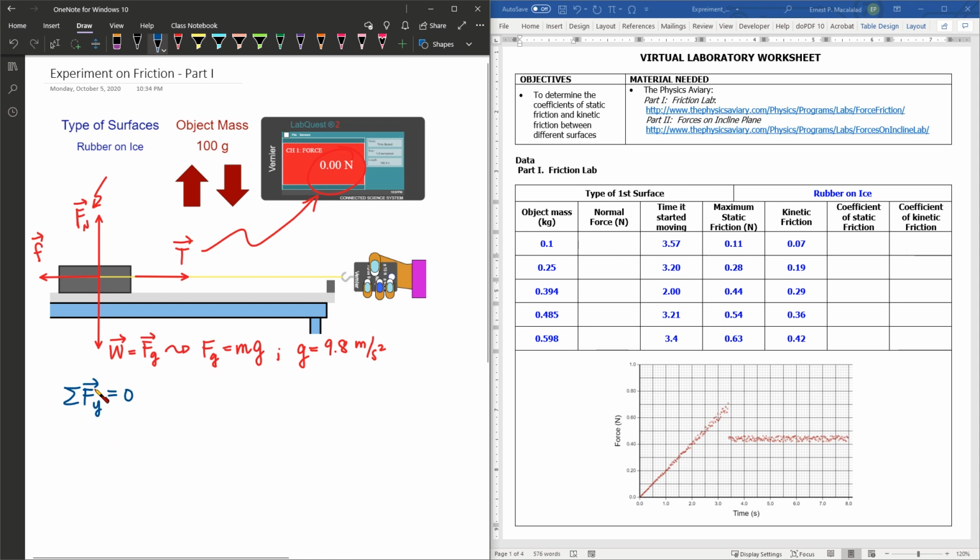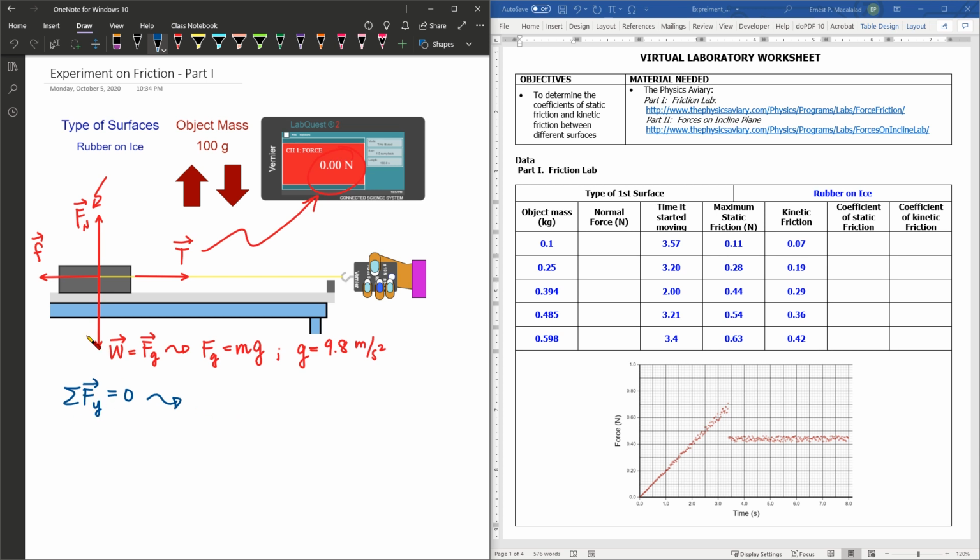Now, all the forces acting on the object along the vertical direction are just the normal force and the gravitational force. Since these are forces, therefore they are vectors. Therefore, we need to indicate the direction of these forces. Now, if we're going to apply this sum, anything upward is positive by convention, and anything downward would be negative.